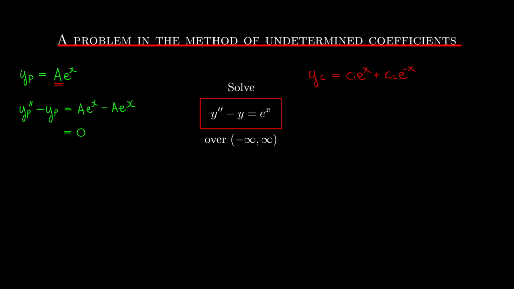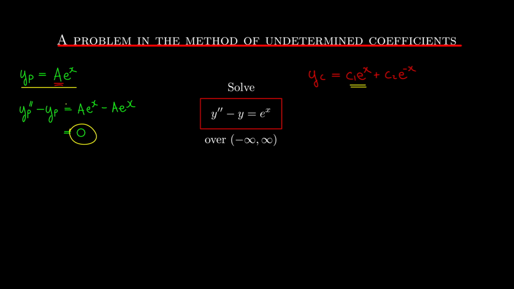And the issue here is that our choice of particular solution is already a solution. It's already part of the complementary function. So no matter what the value of a is, we're always going to get 0, and so we can never determine this coefficient a.